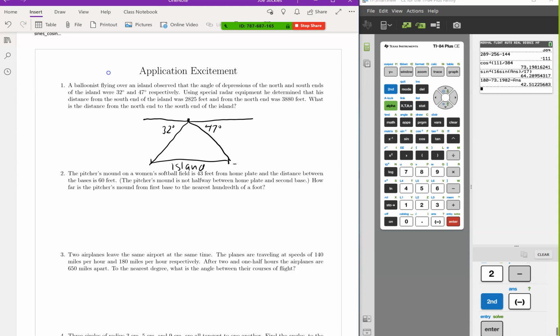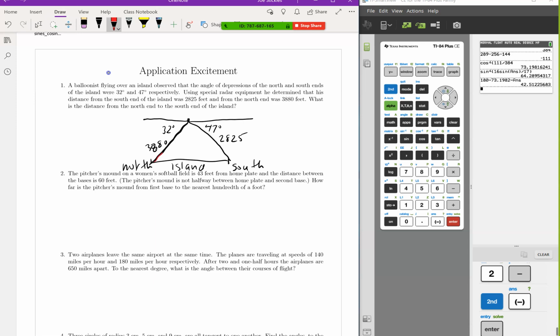If this is south and this is north, this side to the south side was the 2825, and this side is the 3880. The problem now asks basically how long is it from the north side to the south side of the island. So in this particular problem, notice that we're given two sides.